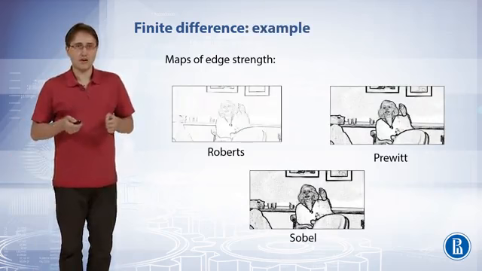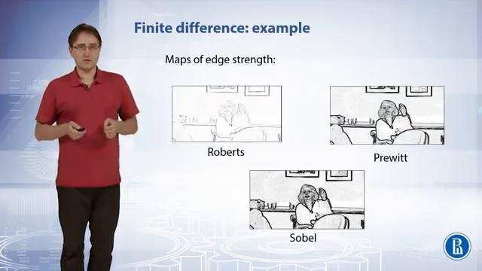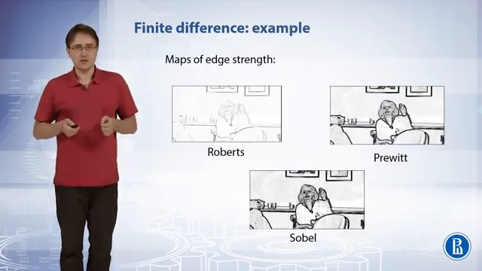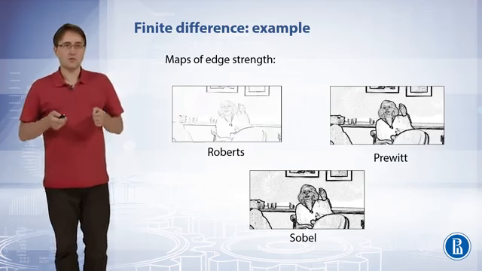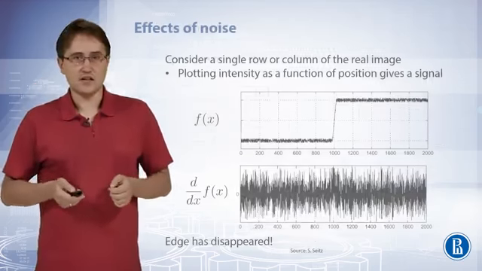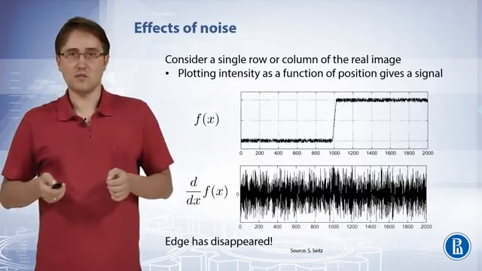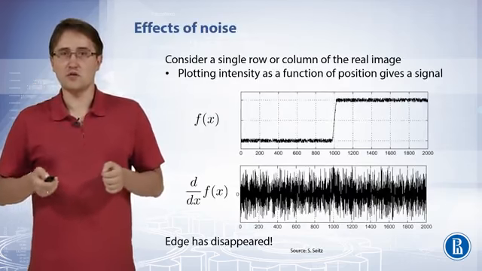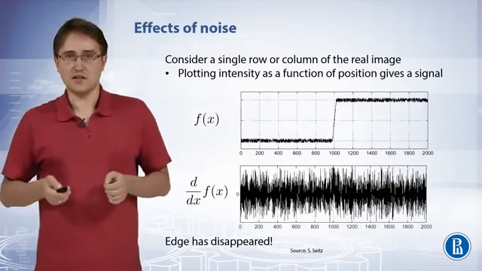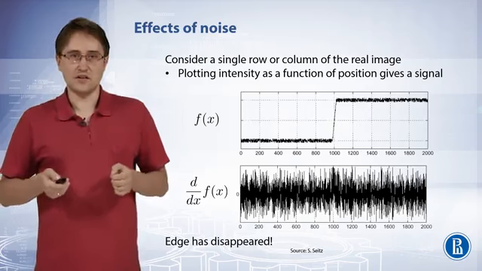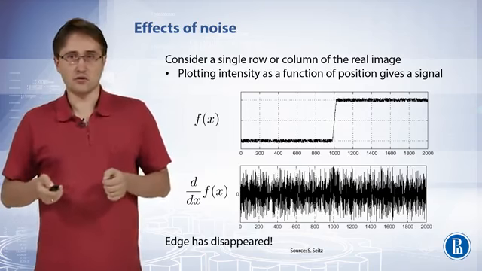Here is an example of edge maps computed by convolution with these filters. You can see the difference between filters is mostly small. Consider a single row or column of the real image. Usually the image contains noise. We plot intensity as function of position. Finite difference filters respond strongly to noise.